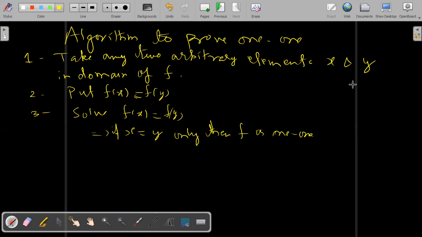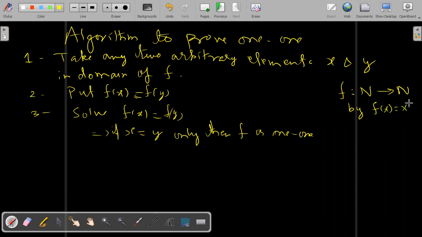For example, a function defined from natural numbers N to N, by the definition f(x) is equal to x.